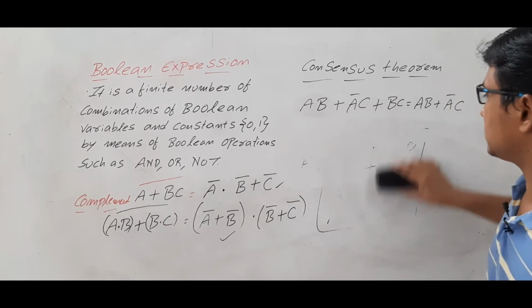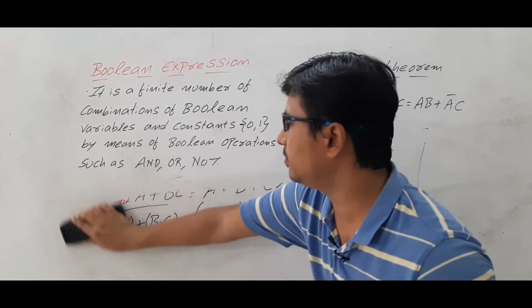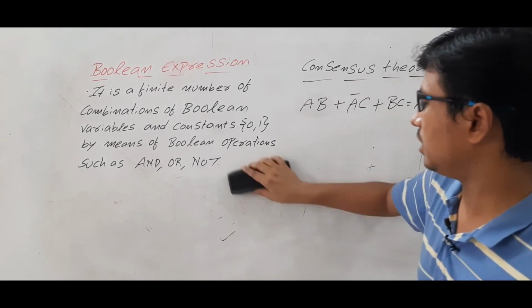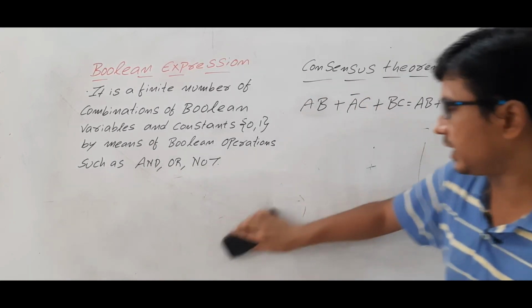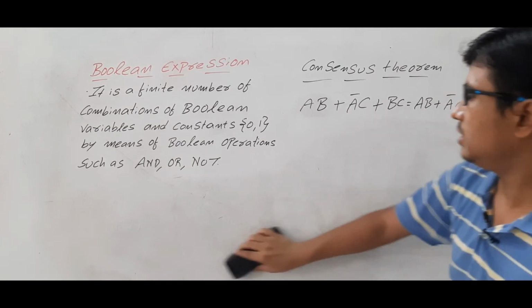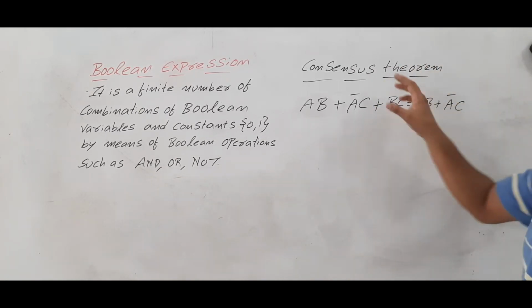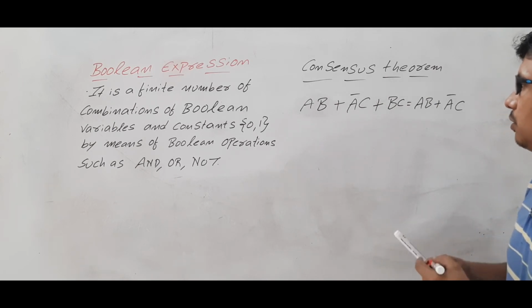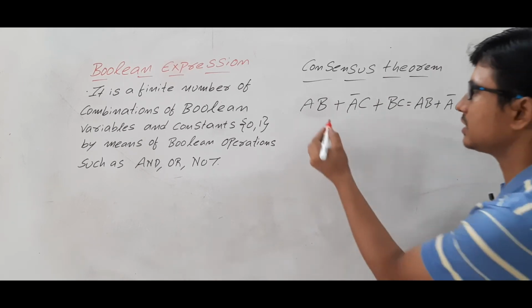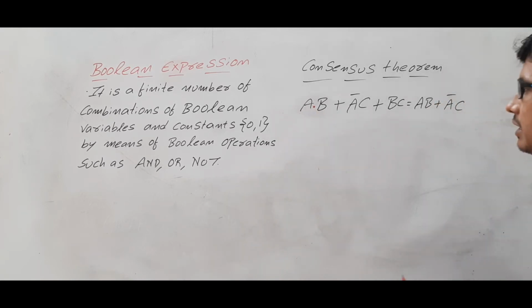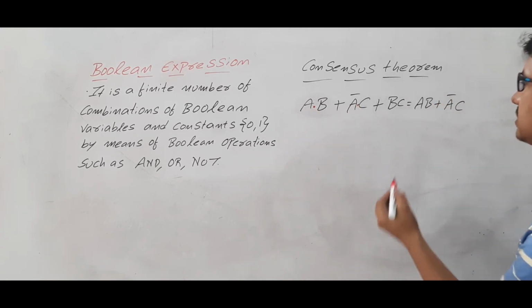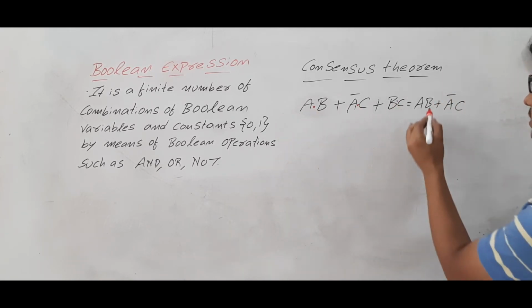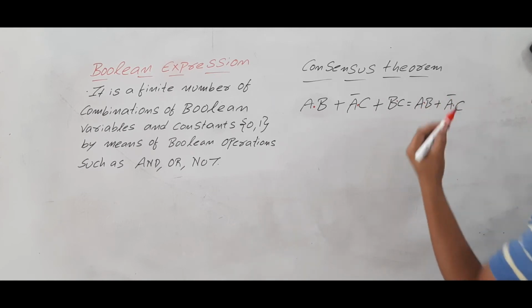Now we will discuss one important theorem which is required when we are simplifying Boolean expressions. This theorem is called the Consensus theorem. Now let me read it. Whenever I write AB, it is nothing but A and B. Then A complement and C, B and C. Is it clear?